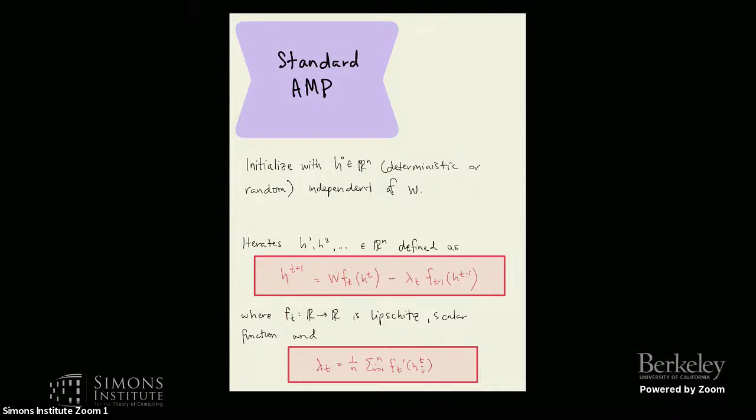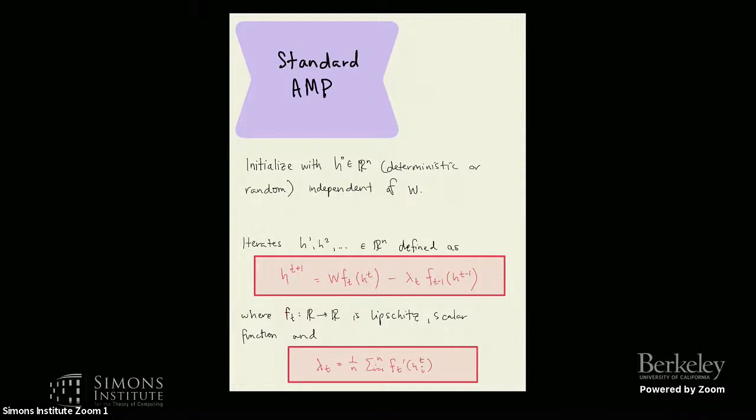So h^(t+1) is the sum of a matrix vector product, where we have our GOE matrix, and then our vector is going to be some function acting on the previous iterate. And then we're going to correct that with another term that's the product of a scalar value lambda and my previous function acting on the iterate just before. So in this recursion, what do we have?